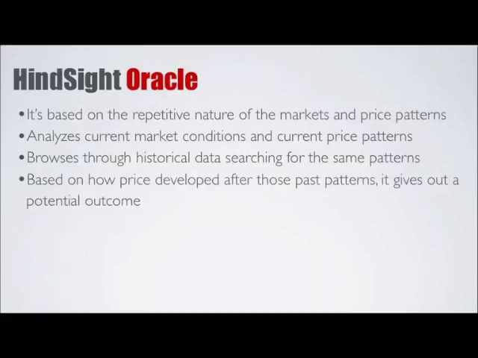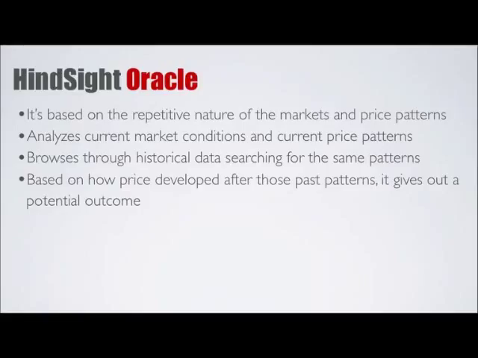Then, based on how price developed after those past patterns, it gives out a potential outcome on how price may behave right now, in real time, over the following X amount of bars.